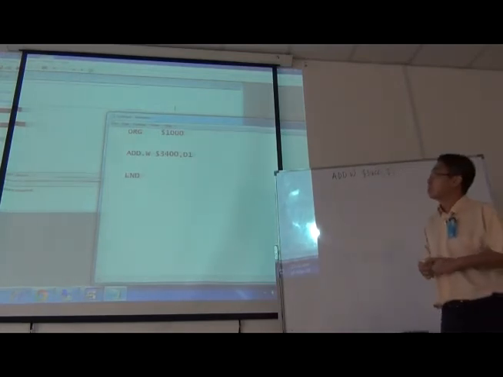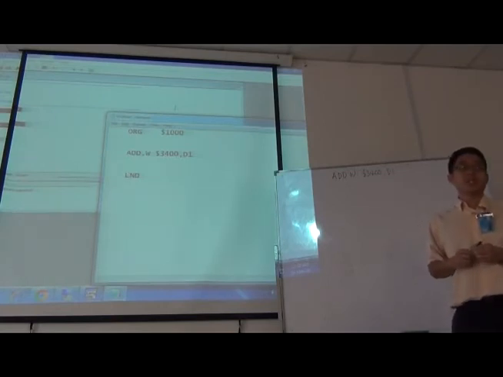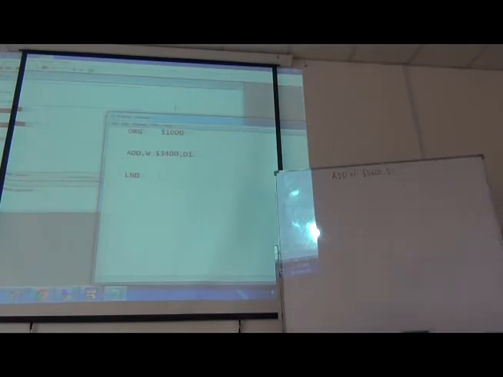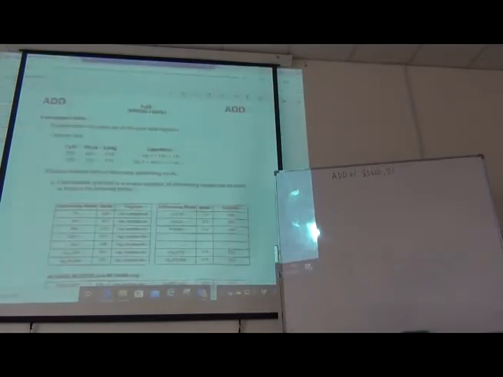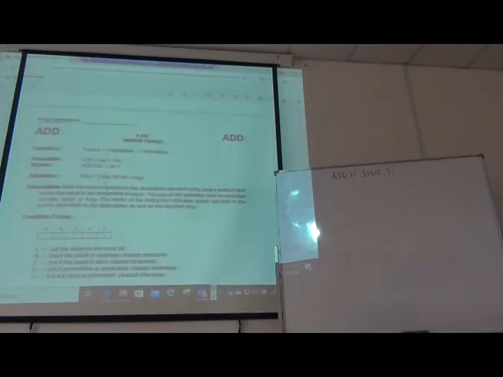Okay, so what you need to do is, again, look at the data sheet first. So let's open up the data sheet called add. So this is the one. We have to understand first what this data sheet for the add is talking about.